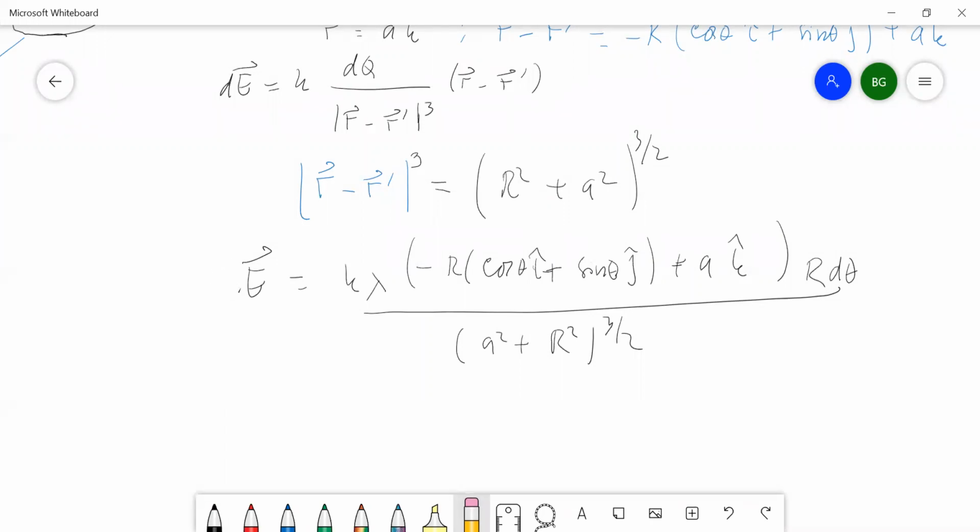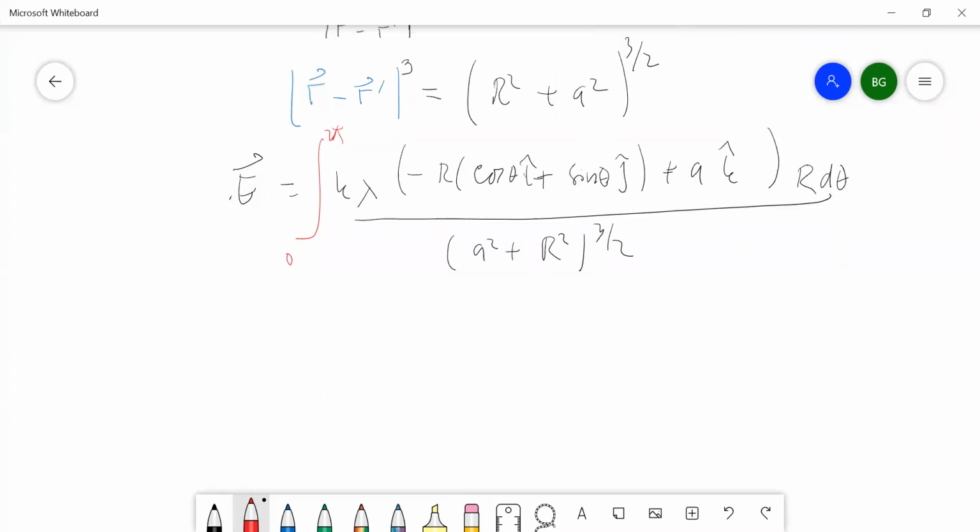So the total electric charge, we integrate from 0 to 2 pi with respect to d theta. Okay.